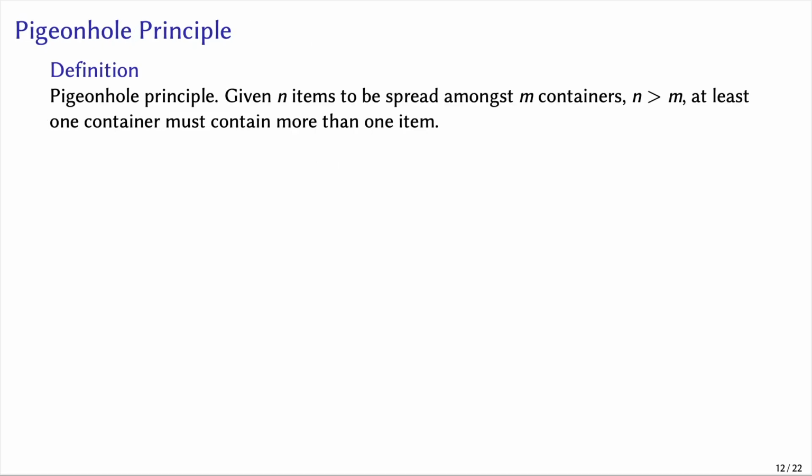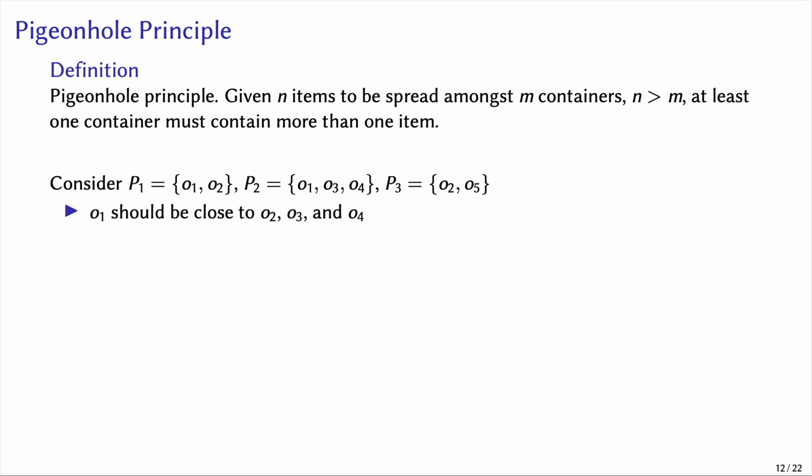Unfortunately, these constraints may be impossible to solve in some cases due to the pigeonhole principle. Let us consider these 3 sets, P1 containing O1 and O2, P2 containing O1, O3 and O4, and P3 containing O2 and O5. We want O1 to be close to O2, O3 and O4 because O1 appears with these objects in P1 and P2. But we also want O2 to be close to O1 and O5 because it appears with them in P1 and P3.